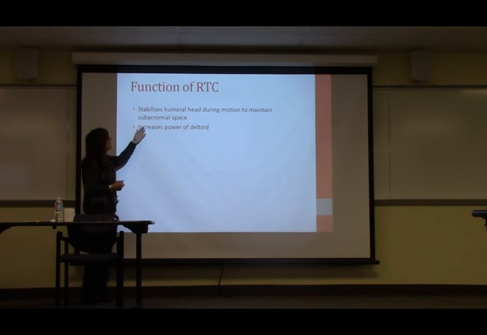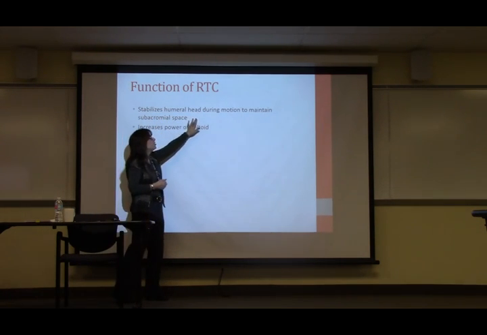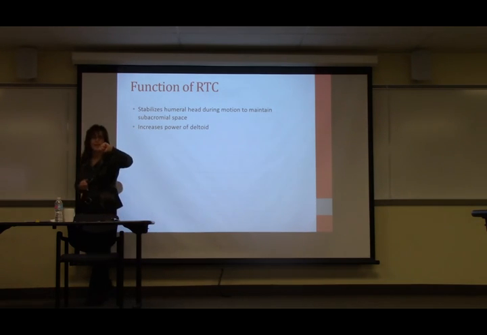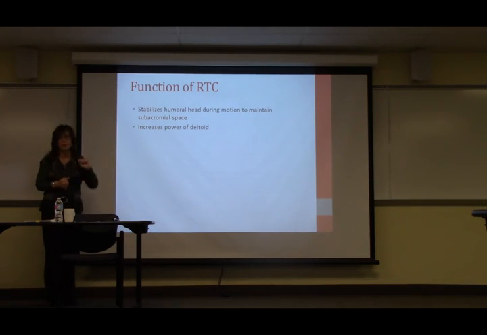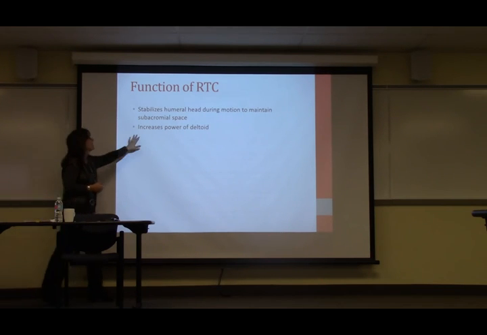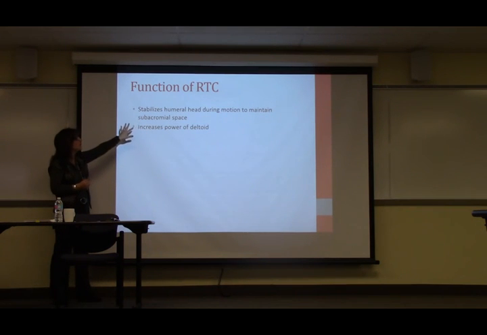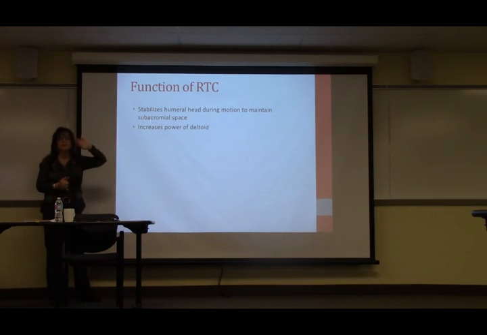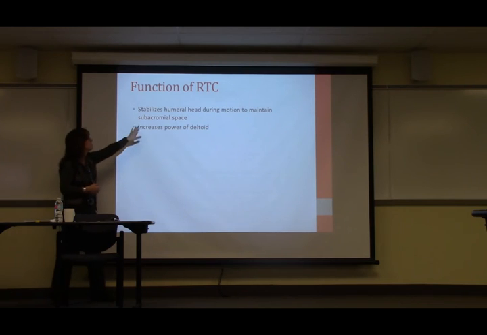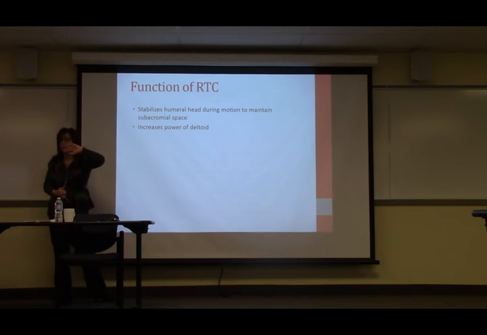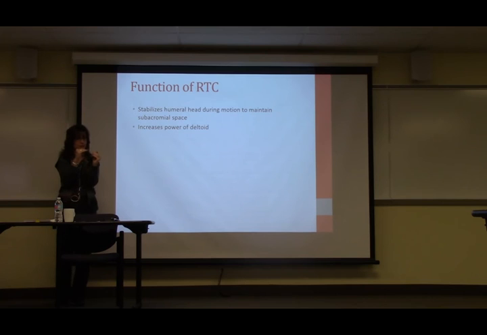A big thing is they stabilize the humeral head, which I think we talked about last week, during overhead motion. And they increase the power of the deltoid. But the biggie is they stabilize the head of the humerus during upward rotation, which keeps that subacromial space, which prevents things from impinging, right?